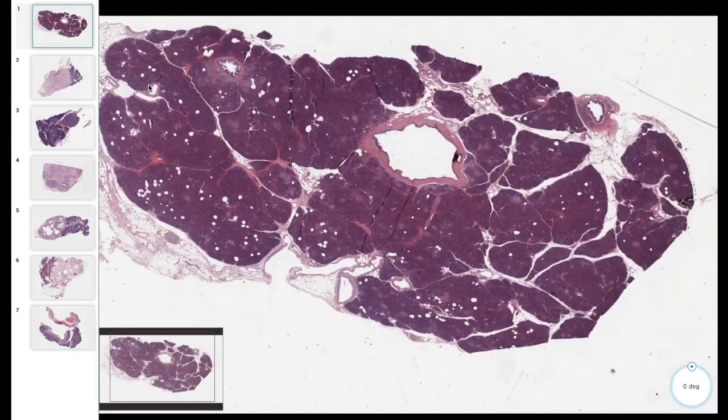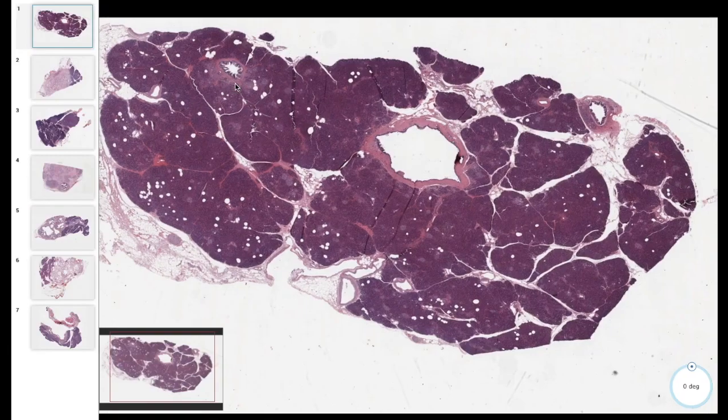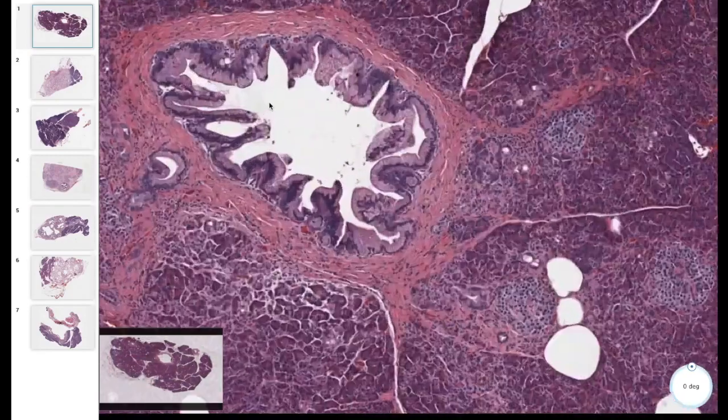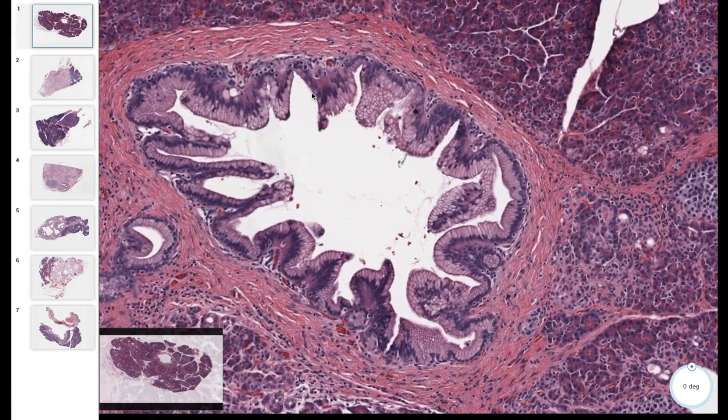Overall, we don't see any lesions in this pancreatic section that was submitted to us to read over. We're not seeing any discrete lesions. We're just seeing a lot of benign structures. But these ducts do look very interesting. Now, keep in mind, a lot of these ducts, there's different types of dysplasia that can occur in the pancreatic epithelium.